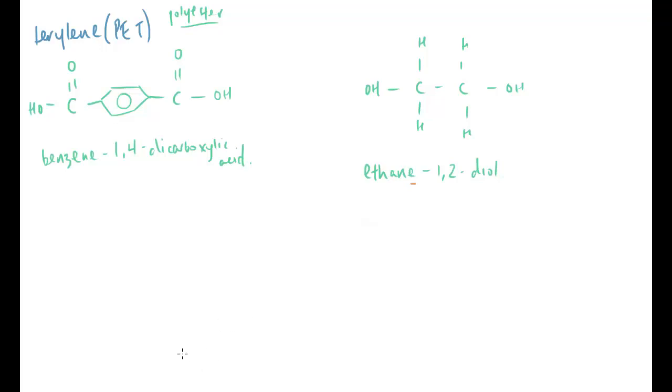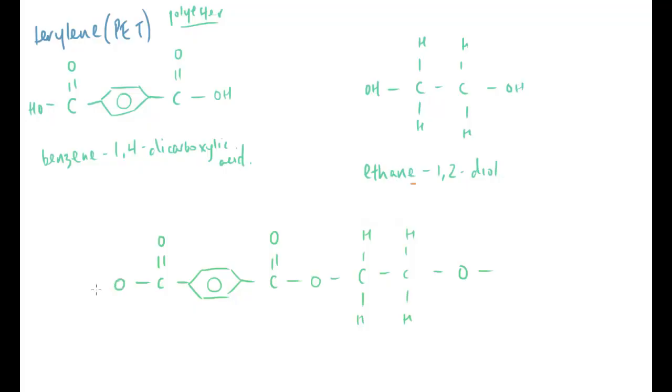So I'm going to draw the repeating unit, and I'm going to do it this way. But again, you could switch it over, and I'll explain what I mean by that in a second. So there's our benzene ring there, C double bond to the O. We have an O ester linkage linking us to the carbon, carbon with the hydrogen, hydrogen, hydrogen, and then on this side, I'm going to have my O. Now, I'm choosing this time to say that the O is because of this hydrogen being joined to the OH there.